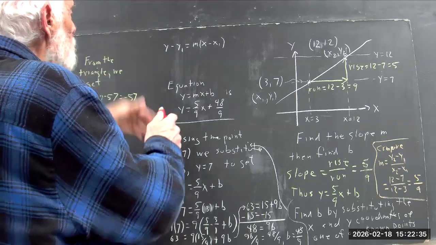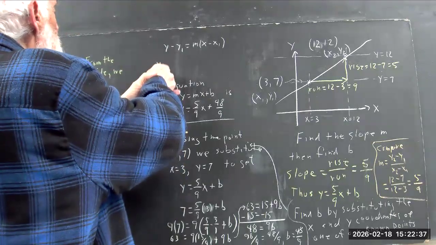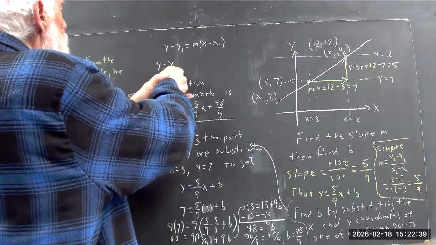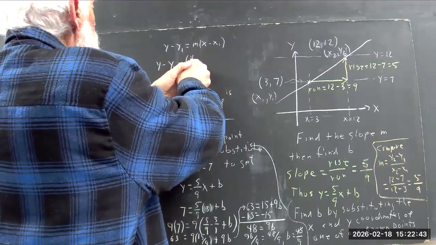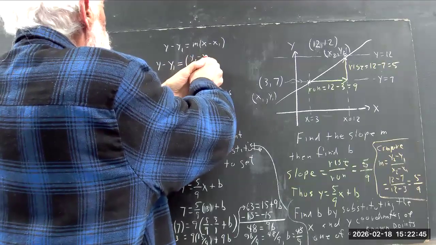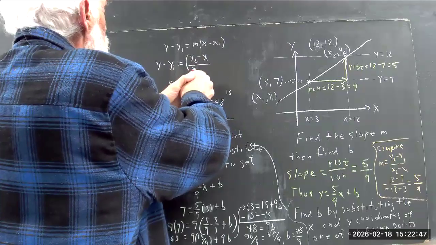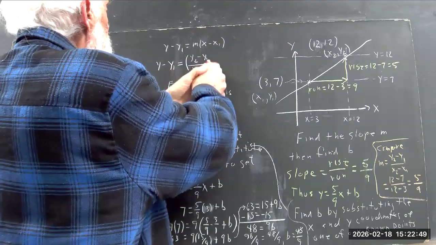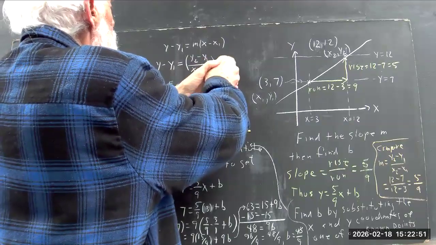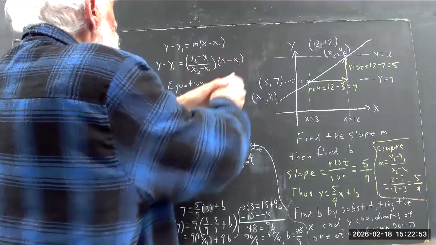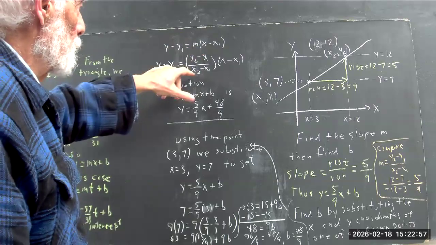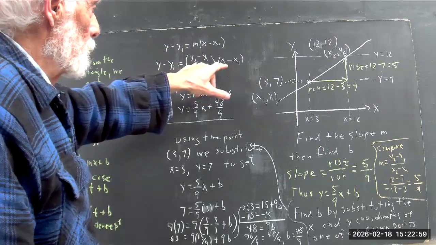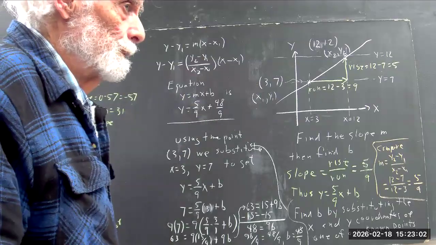The equation can be complicated sometimes by replacing m with y2 minus y1 over x2 minus x1. So now the equation is y minus y1 equals y2 minus y1 over x2 minus x1 multiplied by x minus x1.